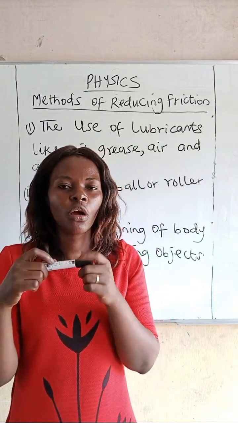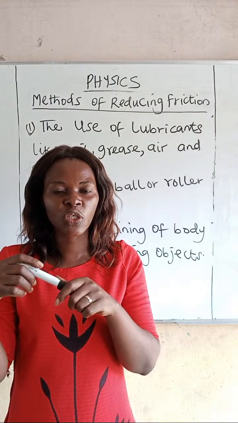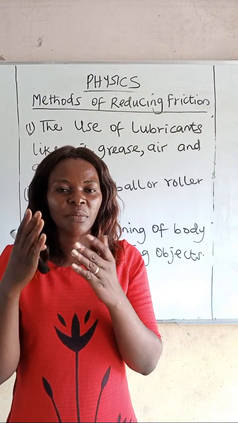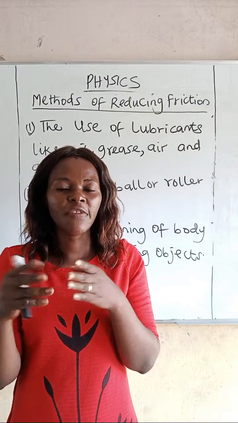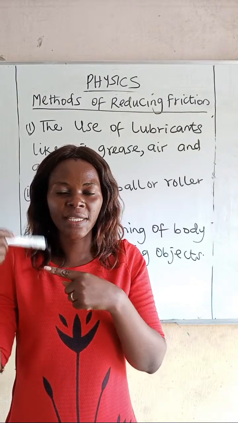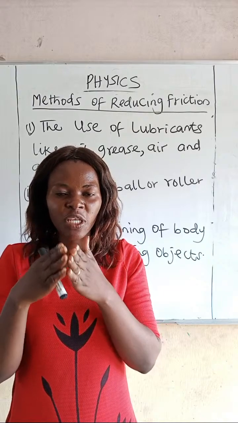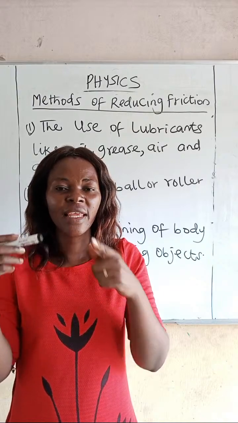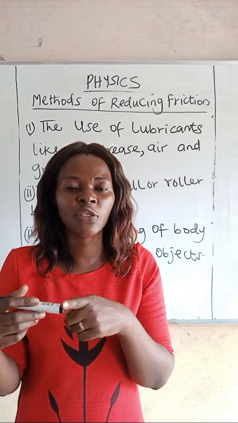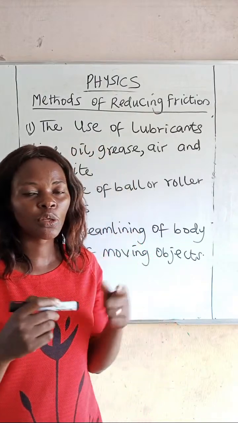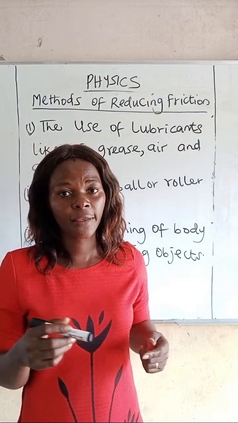So the machine tends to rotate. The ball bearing is made in such a way that the parts will not be touching each other. If the parts touch each other, it is not going to rotate again. If it is shaped in such a way that they cannot touch each other, it can move comfortably, thereby reducing what? The effects of friction. That is what number 2 is all about.